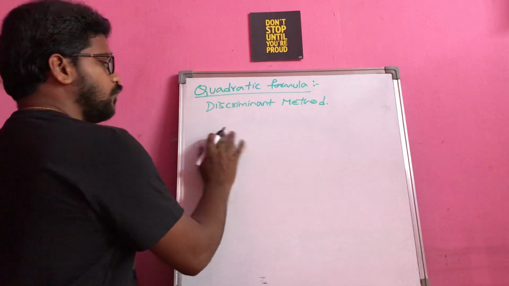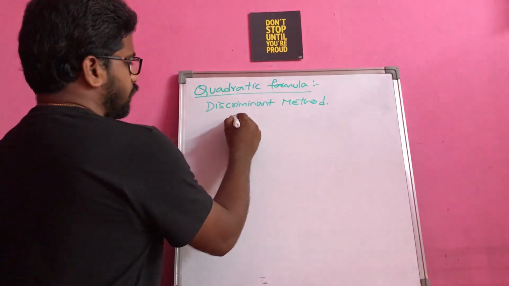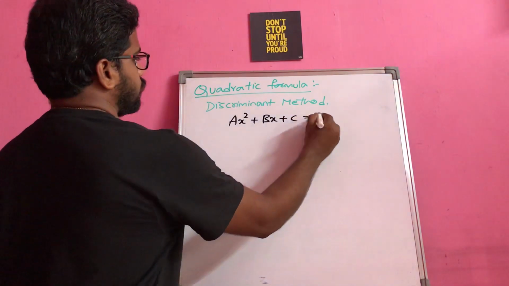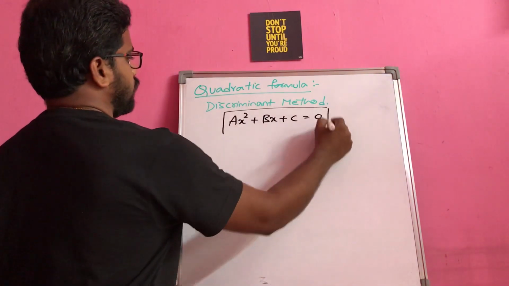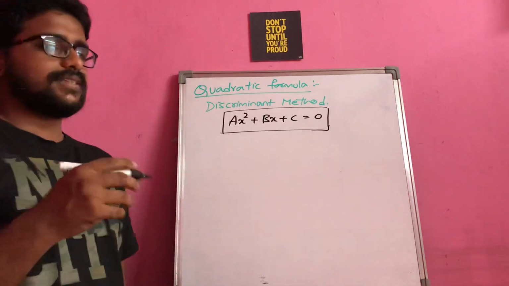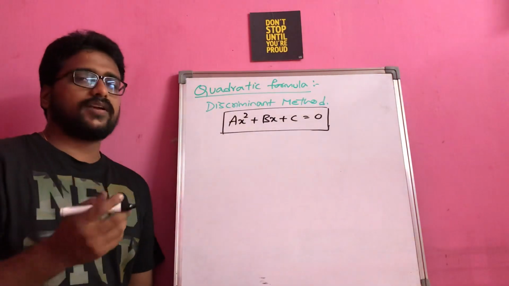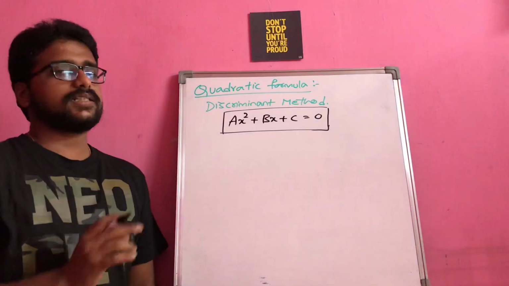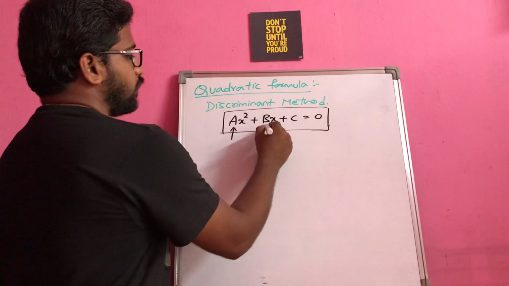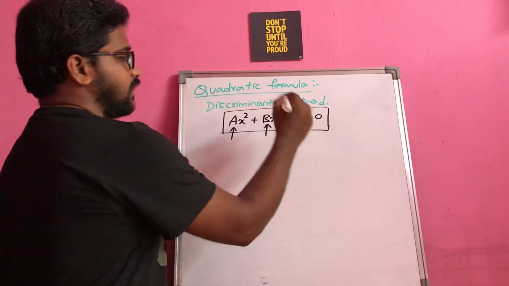For example, the standard form of a quadratic equation is ax^2 + bx + c = 0. I wrote it in capital letters, but that doesn't have any actual significance, it's just for our understanding. Here a is the coefficient of x^2, b is the coefficient of x, and c is the constant.